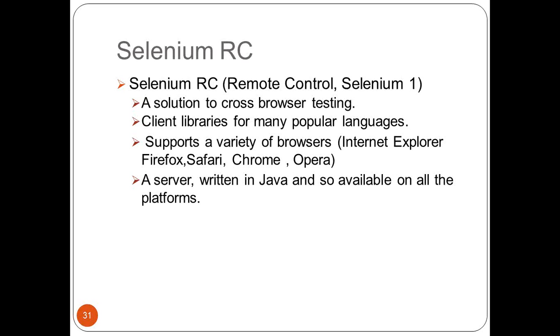Download a jar file, include it in your build path. A Java programmer can understand what a build path is, and you can start implementing the interfaces or classes available in remote control.